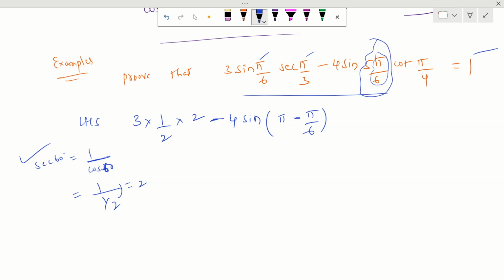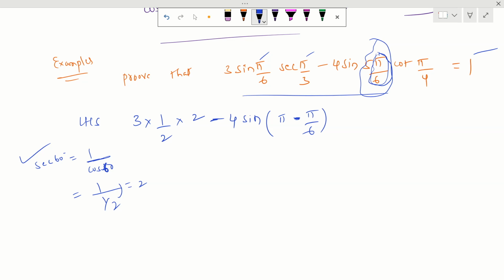When such a problem is given, we write pi by 6 separately and multiply with the one term. Here we have to identify whether minus or plus will come. Here minus will come.